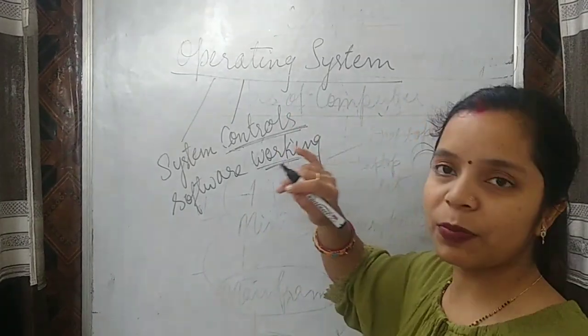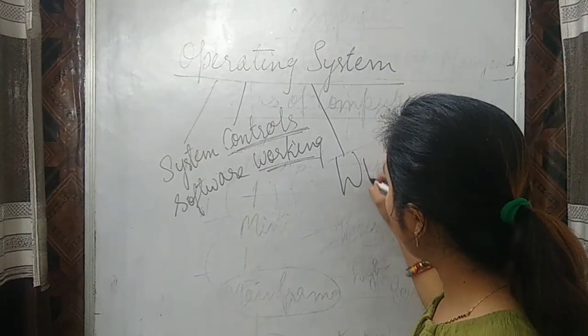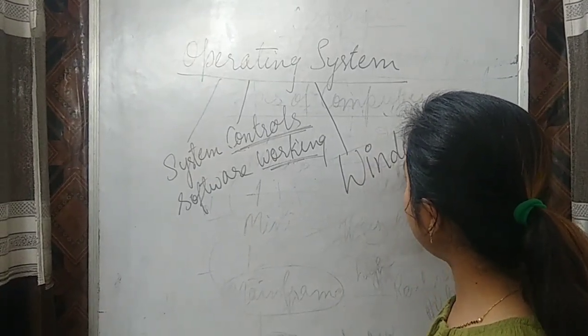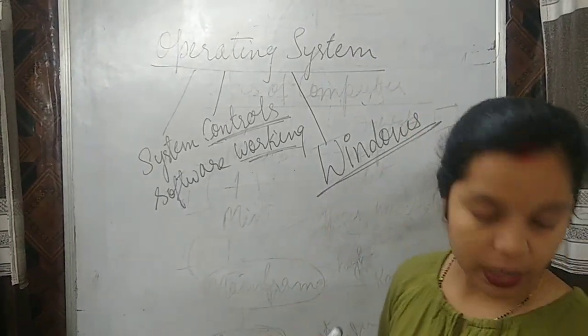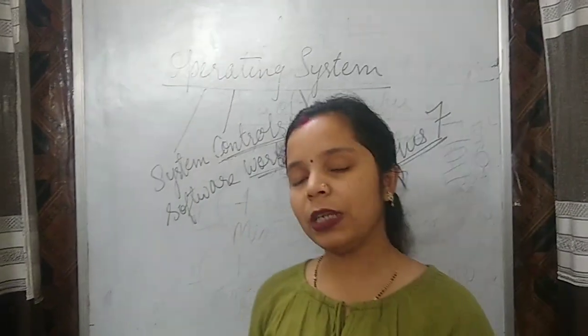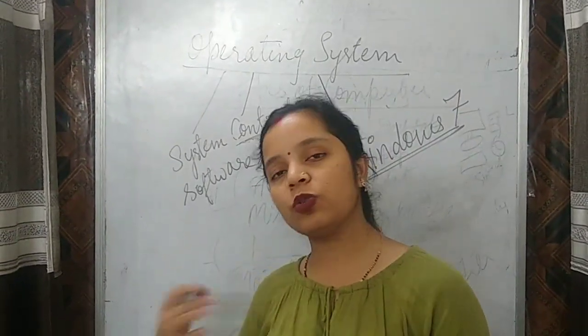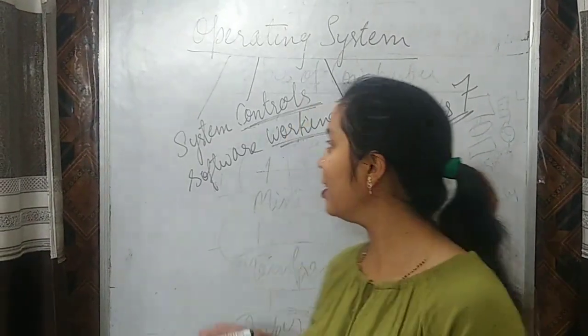Now in this chapter we will study the operating system, that is Windows. Windows is an example of operating system. So today we will study about Windows 7 in this chapter. There are so many versions of Windows, like Windows 7 is there, Windows XP is there, Windows 10 is there, Windows 8 is there.